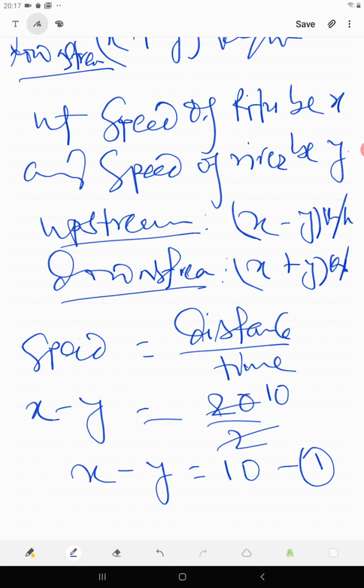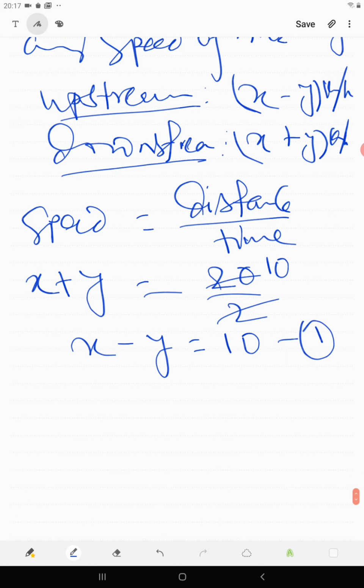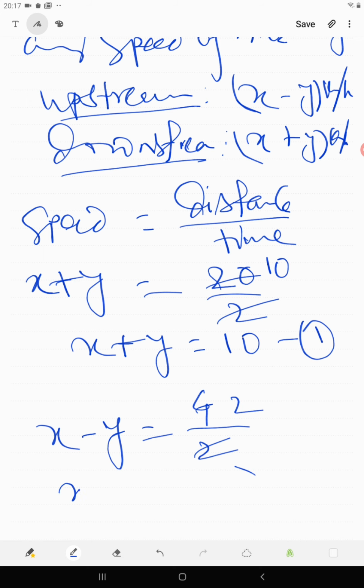Now in the second case, when she is going upstream, the same formula, the speed is x minus y, and the distance traveled is 4 kilometer, and the time taken is 2. So 2 2s are 4, so we get x minus y equals 2. This is our equation 2.